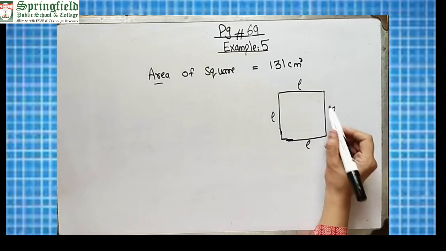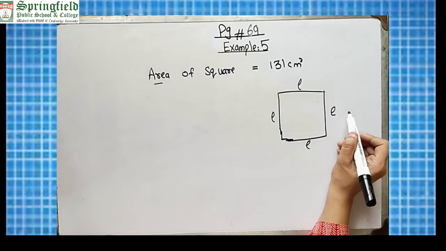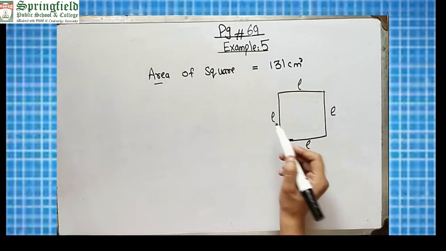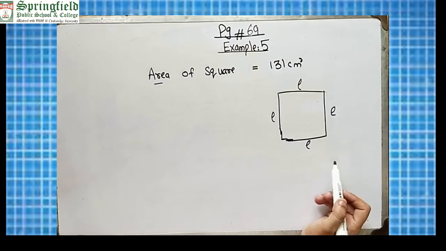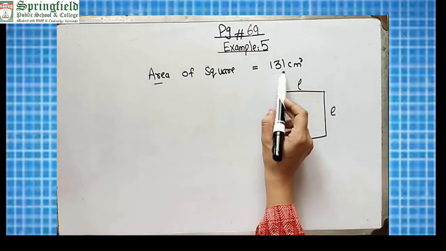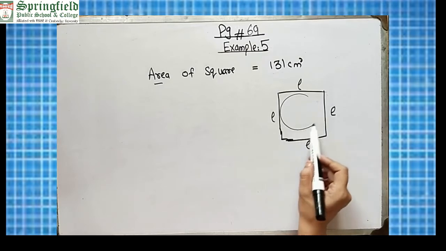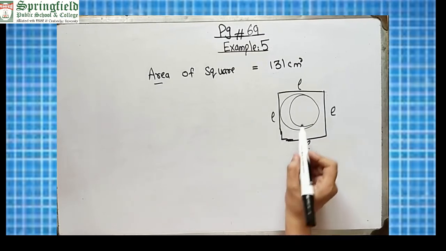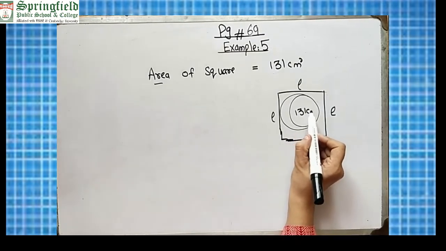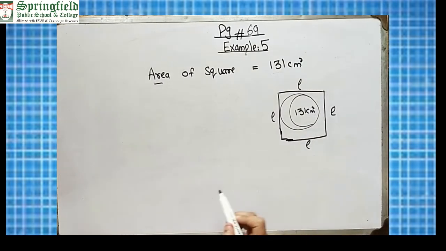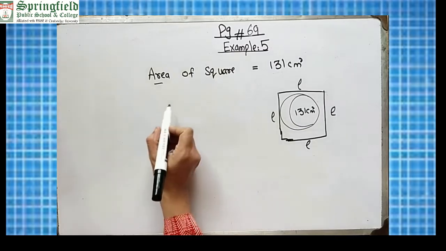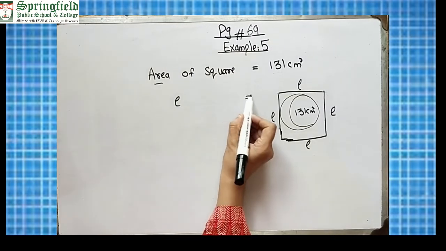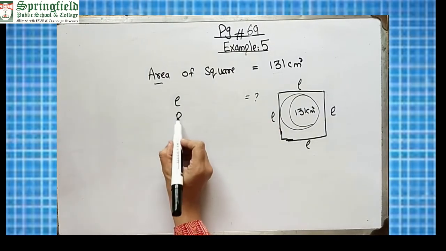Let's suppose the length of this side is 2 centimeter. This must be 2 centimeter, this must be 2 centimeter, and this must be 2 centimeter. Fine. And they are saying that the area, meaning the space inside the figure, is 131 centimeter square. And now they are saying to find out the length and perimeter.